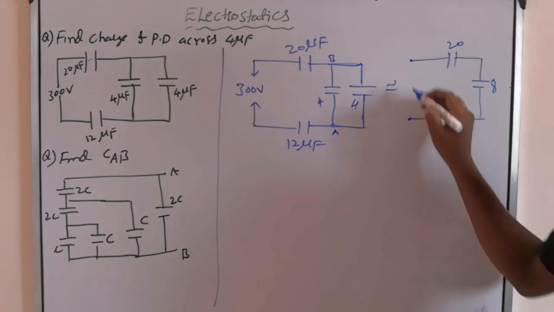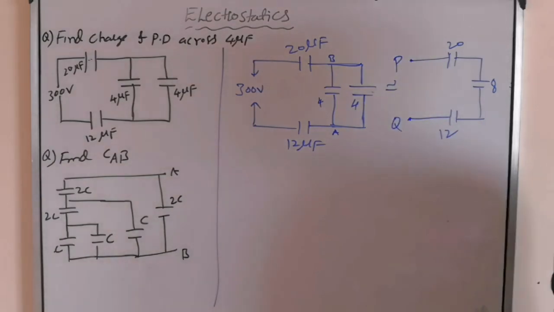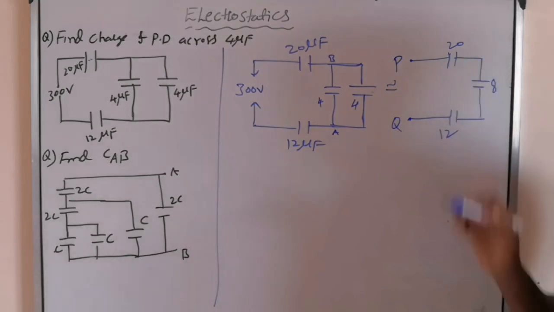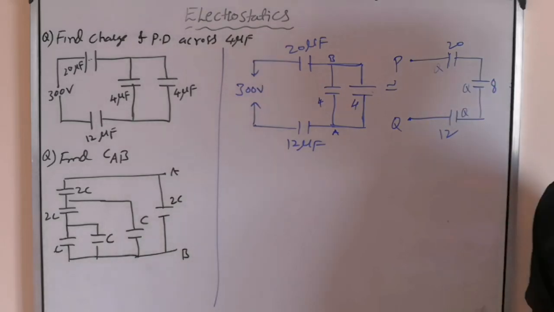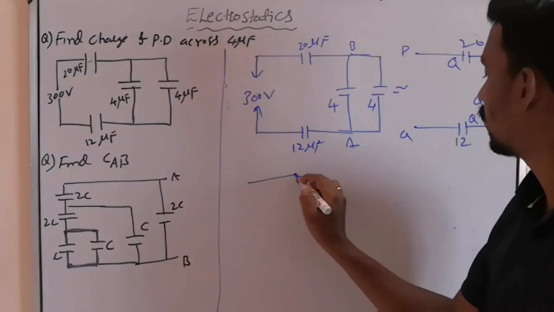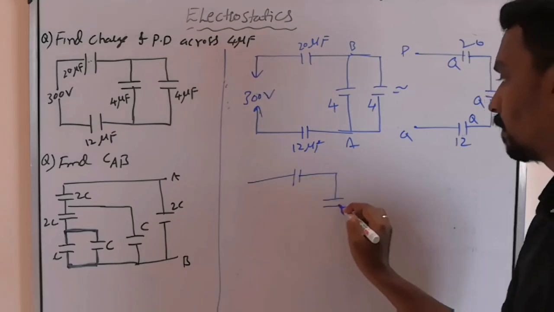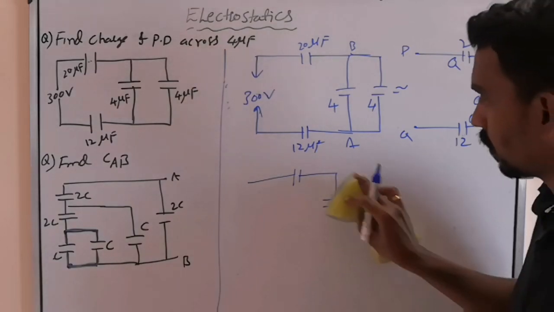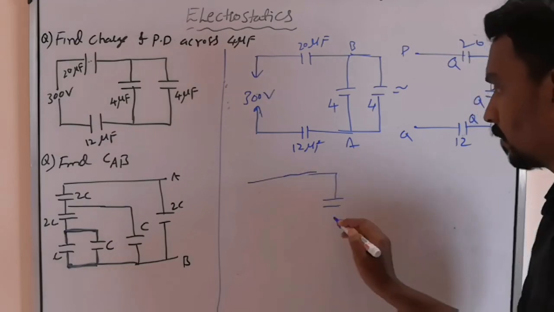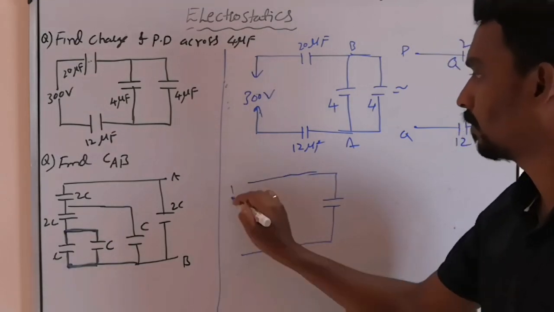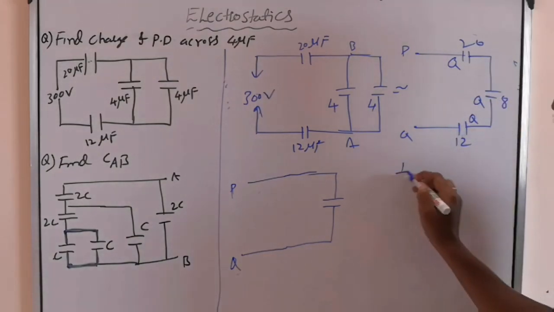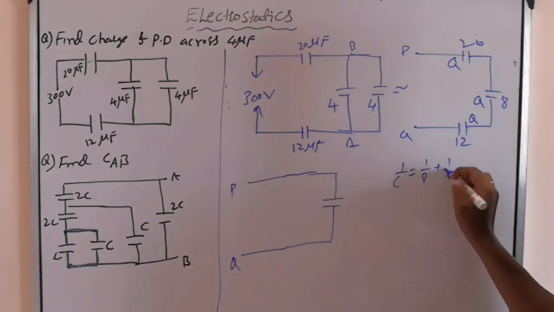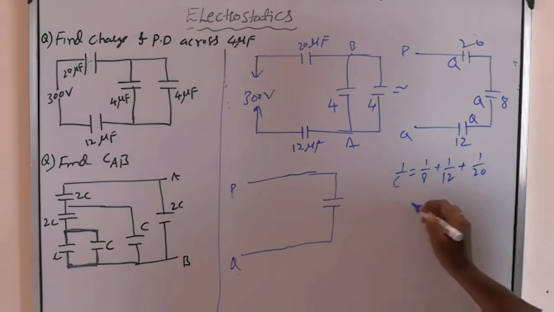Now let's take this as P, Q. Now all the three are connected in what? Series. What must be the same? Charge. Now the resultant: all these three are in series. So 1 by C equal to 1 by 8 plus 1 by 12 plus 1 by 20.